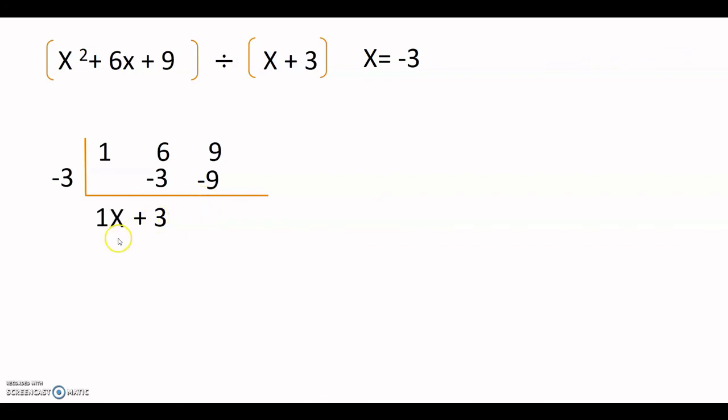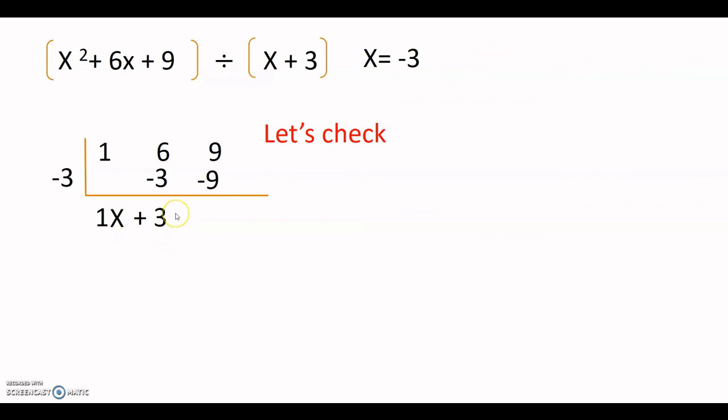So our answer is 1x plus 3. Because x squared divided by x, this is our variable now. So x squared divided by x is x. And then for our 6x divided by x, we have the whole number 3 here. We don't have a variable. But we can rewrite this as x plus 3.